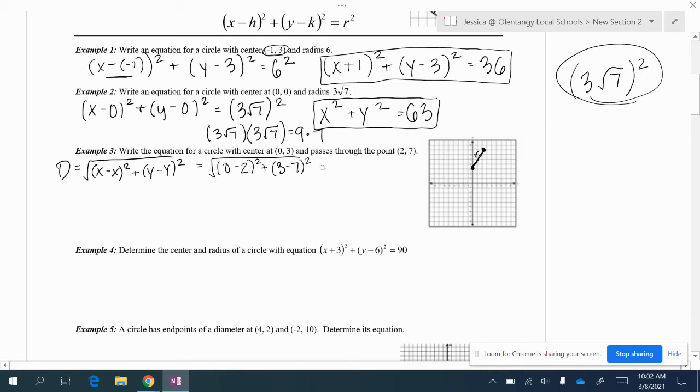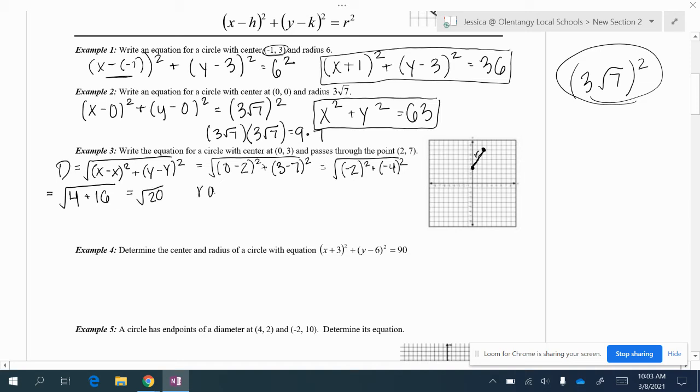You can switch them up. So here, square root 0 minus 2 is just -2 squared, plus 3 minus 7 is -4 squared. -2 squared is 4, plus -4 squared is 16, so this is the square root of 20.